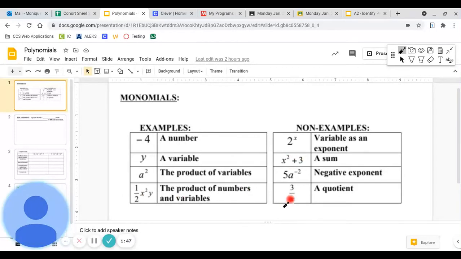When looking at fractions, if the denominator is unknown, like it is here, that is a non-example, or that is not a monomial, and it is not a polynomial. So also exponents, if they are a variable. So if the exponent's a variable or a negative, it is not a polynomial and it is not a monomial.